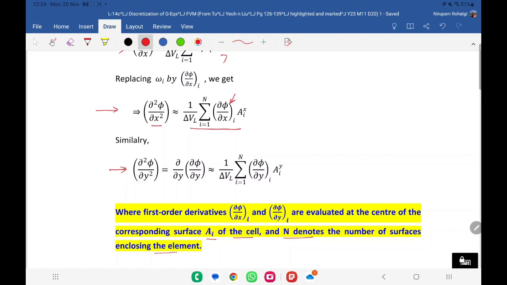So in that volume, that physical quantity is conserved. So the first difference between FVM and FDM is that in FDM, the conservation at the point or at the cell level, you don't know whether it is maintained or not, but in case of FVM it is ensured.